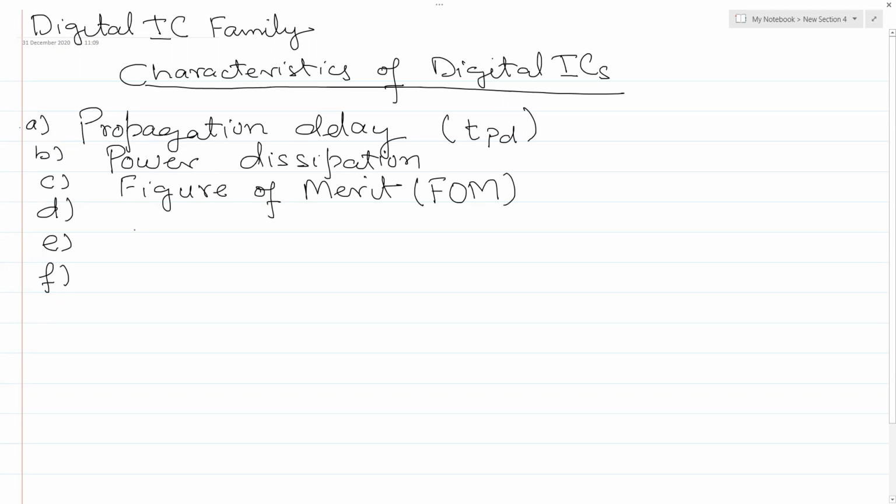Then you have fan out. After that, you have voltage and current parameters.